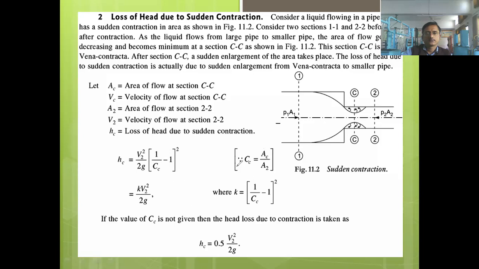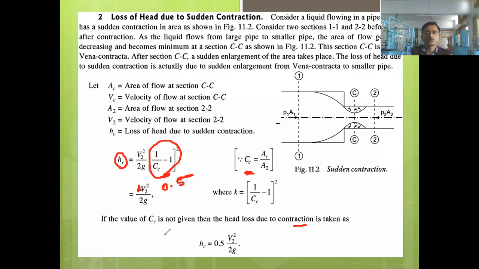Then, instead of this part, we can write K. Many times, this value of K is taken as 0.5. If the value of Cc is not given, then we cannot find the value of Hc easily. So we take this average value 0.5.